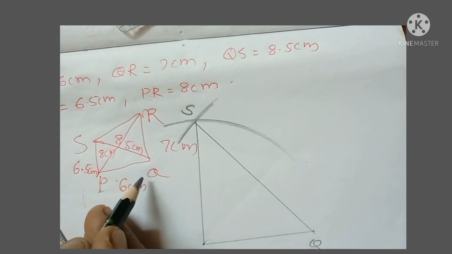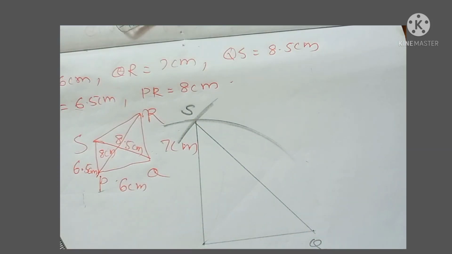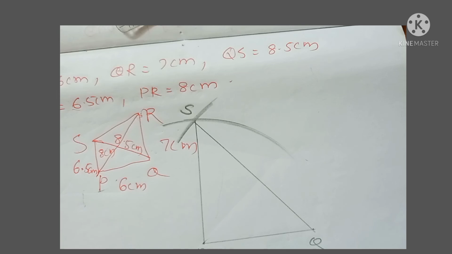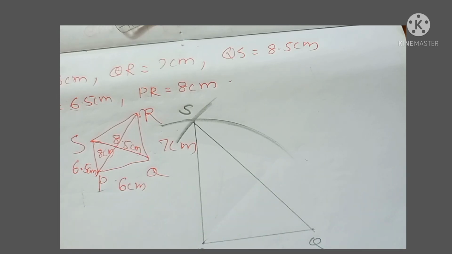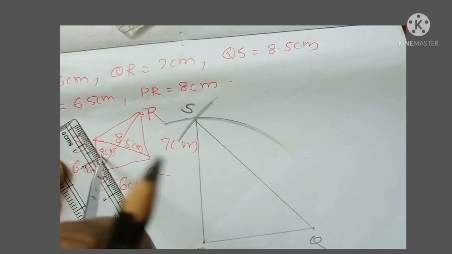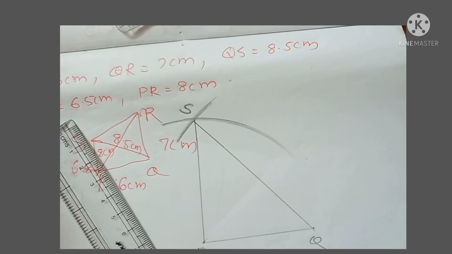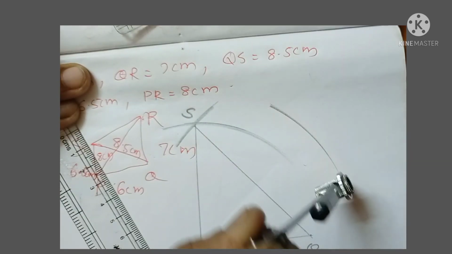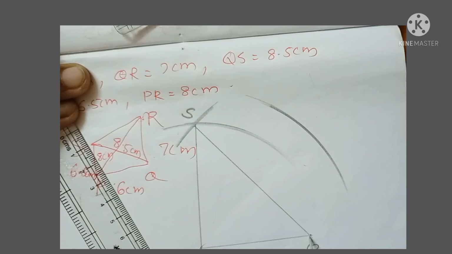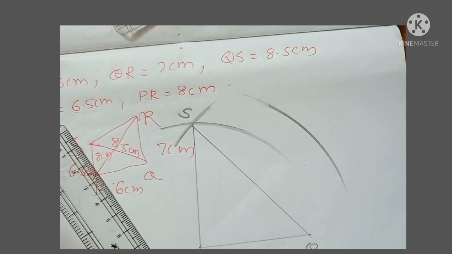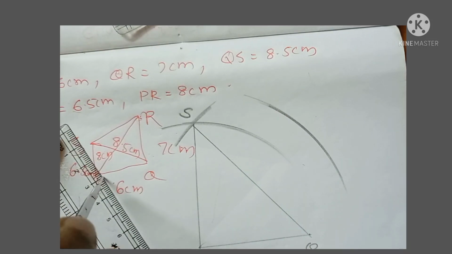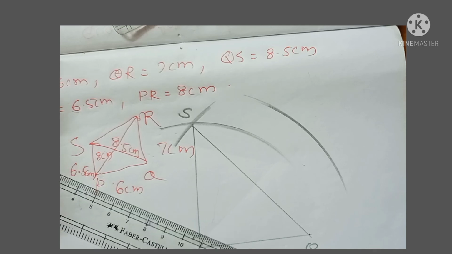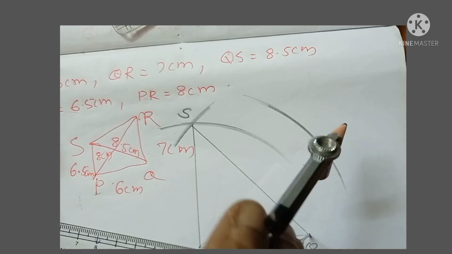Then which is the next one? We want to construct PQR. So already we have taken PQ. Then from P we want to take 8 centimeter from the scale. Then from P take 8 centimeter with the compass and draw one arc. From Q I want to take 7 centimeter. Then draw another arc.